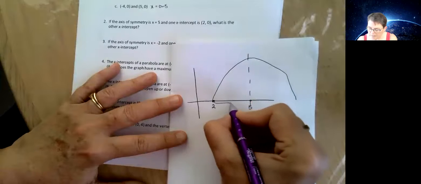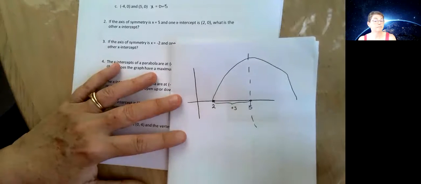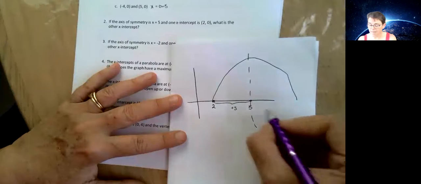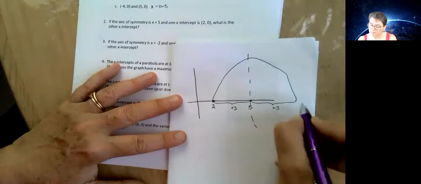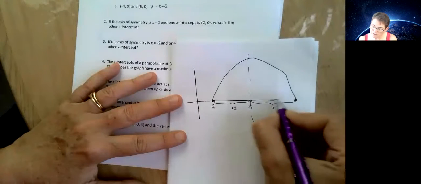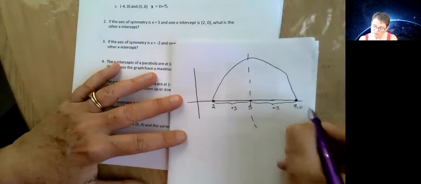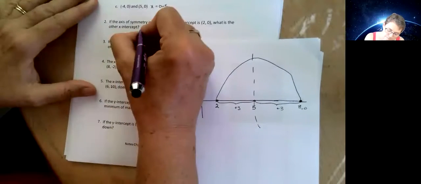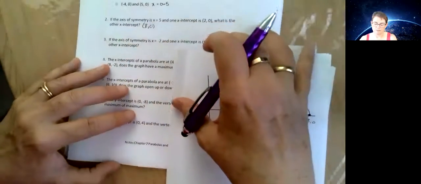So if this is plus 3, what's the next one? That's going to be plus 3. So the point over here where it crosses has to be 5 plus 3, which is 8, and 0. Which is kind of embarrassing because it looks like one of those tough questions.